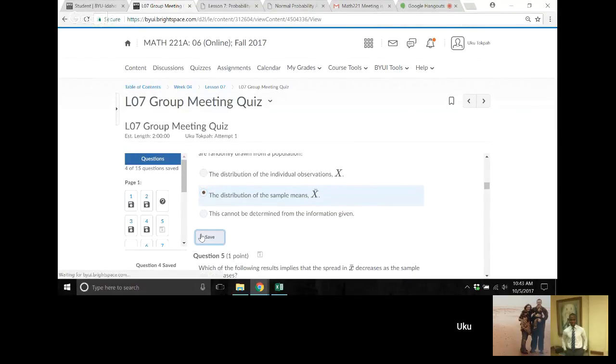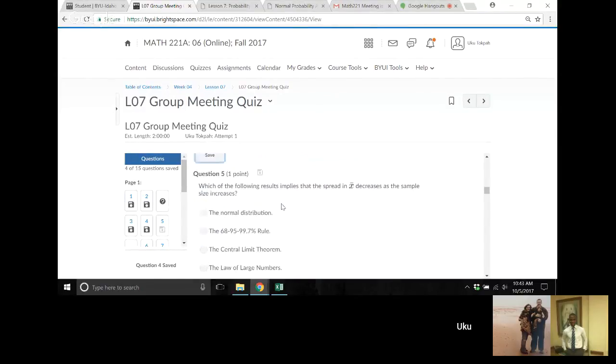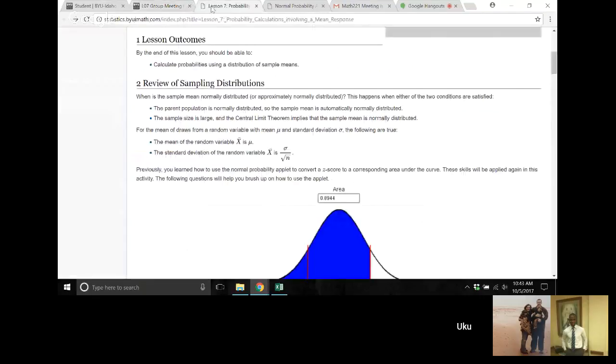Okay, number 5. Which of the following results implies that the spread in X-bar decreases as the sample size increases? I think it's in the revision again. Review of sampling distribution. The sample size large and the center. When is the sample mean normally distributed?